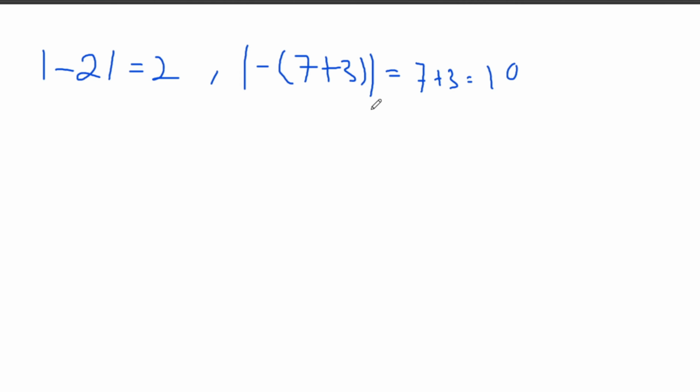So let me write down the properties. The symmetric property of absolute value would be the absolute value of negative a is equal to the absolute value of a. That means a must be greater than or equal to 0, because there's no way that if you take the absolute value of a negative number, it will be another negative number.